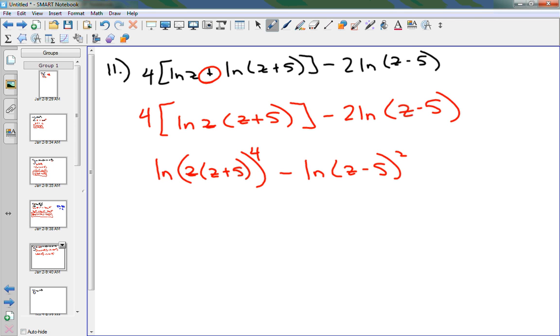Well, I would go ahead and put this power on each one of these. Why? Because I can. Natural log of z to the 4th times z plus 5 to the 4th minus the natural log of z minus 5 squared.